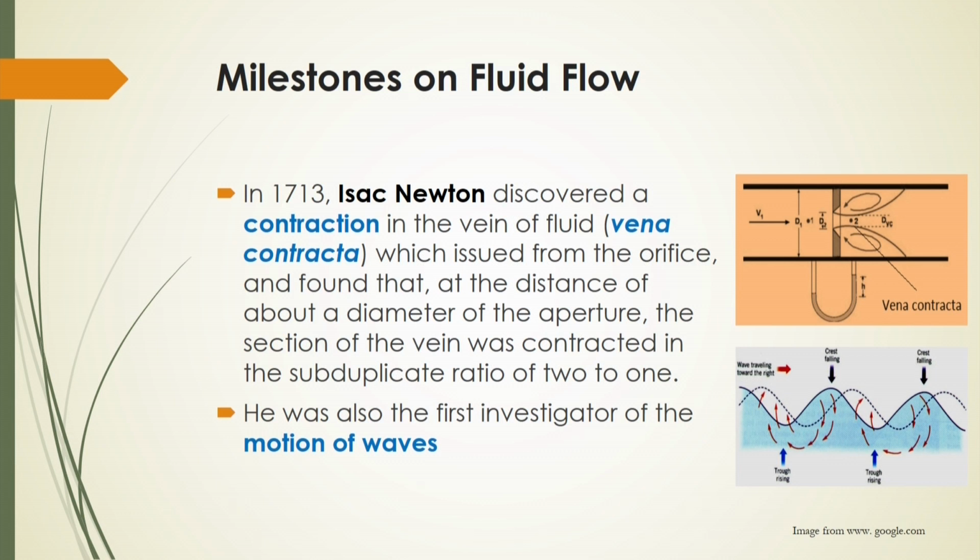He was also the first investigator of the motion of waves. So he first observed this Vena Contracta phenomenon and how the circulation of the fluid happens surrounding the vein of the fluid in the contraction region.